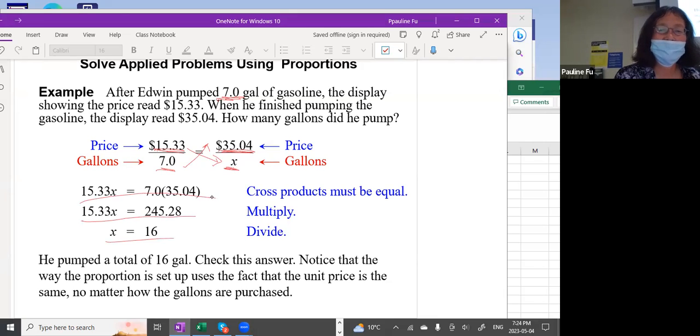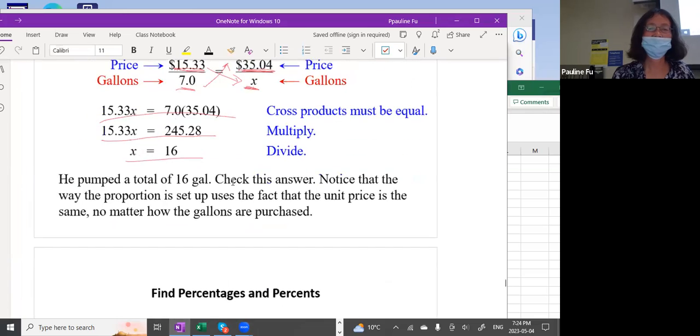Okay, and solve for X. Any questions? Okay.